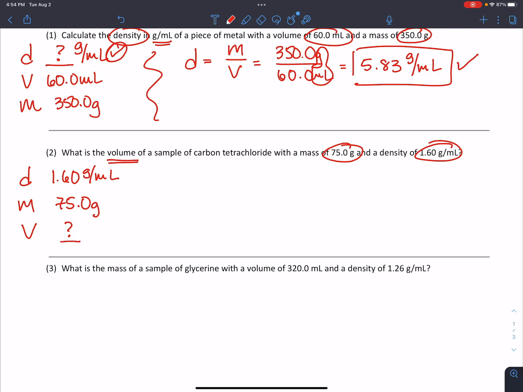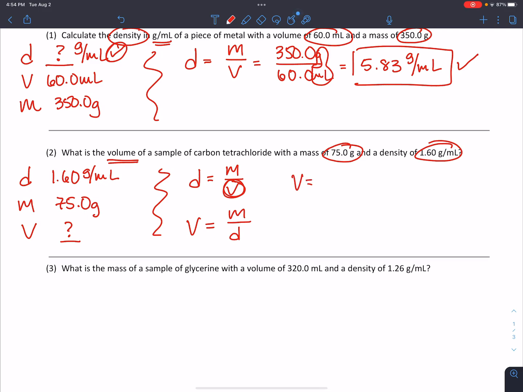Now, there's no indication of what that unit needs to be, so we can make it whatever the calculation gives us. We don't have to do any conversions. All right, so we know that density is mass over volume, but this time we're looking for volume. So I'm going to rearrange my formula to solve for V. It's going to be mass over density.